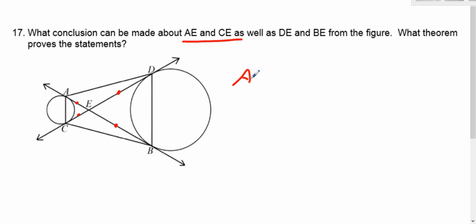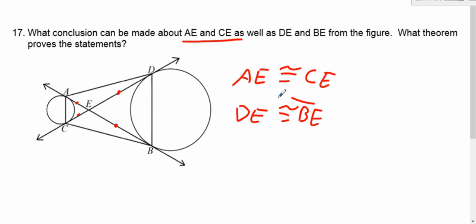So AE and CE are congruent because they're tangent segments, and DE and BE are congruent because they are also tangent segments. So what theorem?